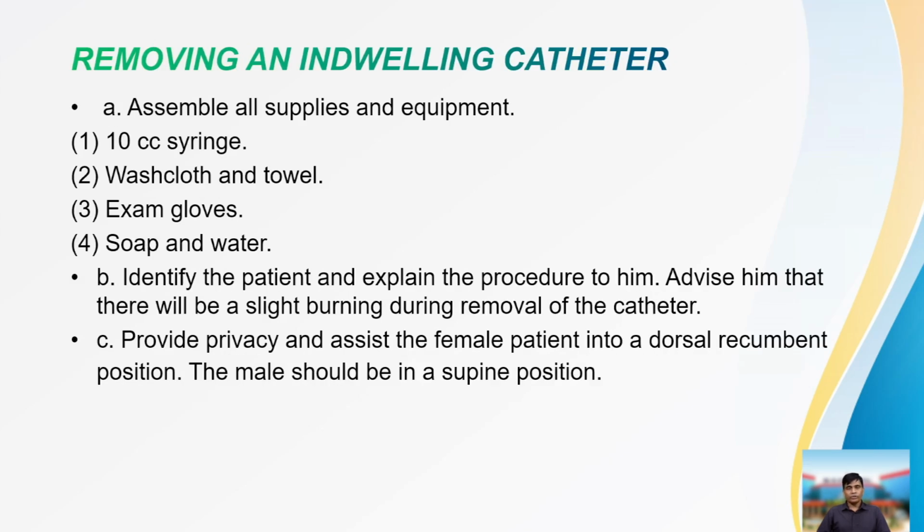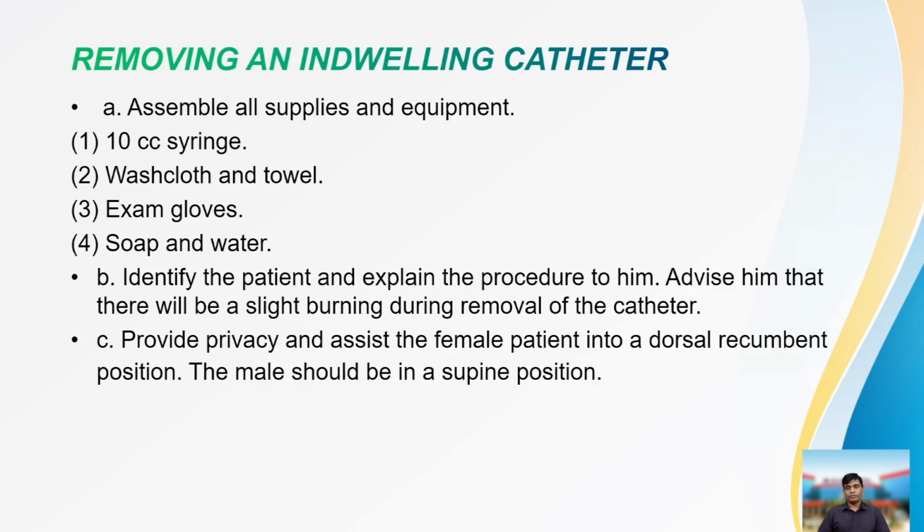When removing an indwelling catheter, we have to assess the type of equipment and assemble all supplies and equipment: a 10 cc syringe, washcloth and towels, examination gloves, soap and water.